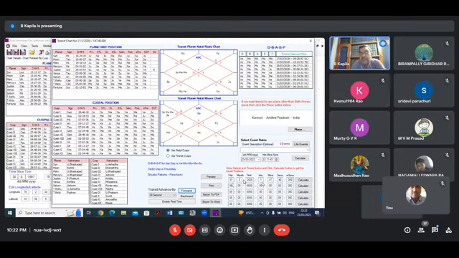Now what you find here is that what we were planning for the Prana Lord on 31st March 2028 at 1:47, it is Sun. You get my point?